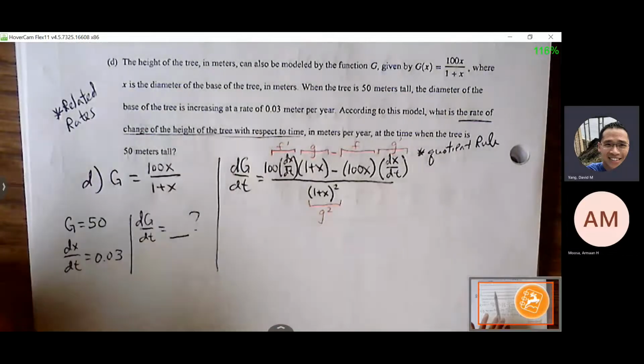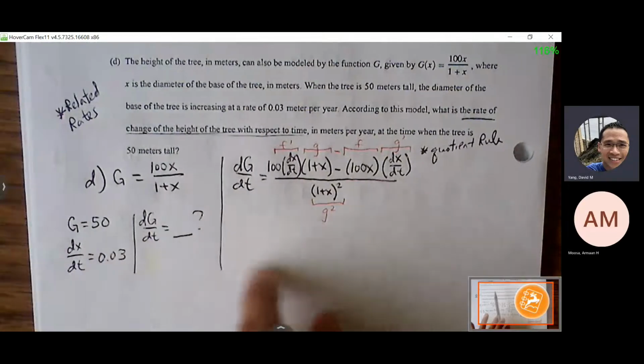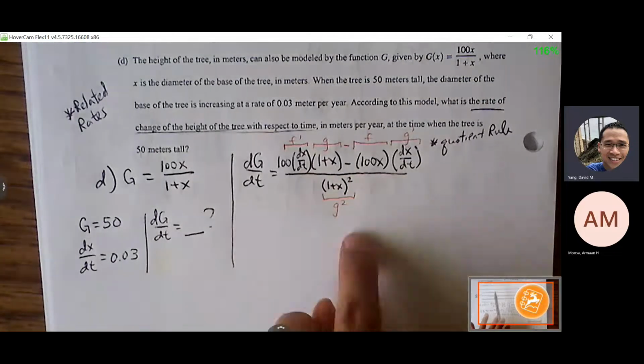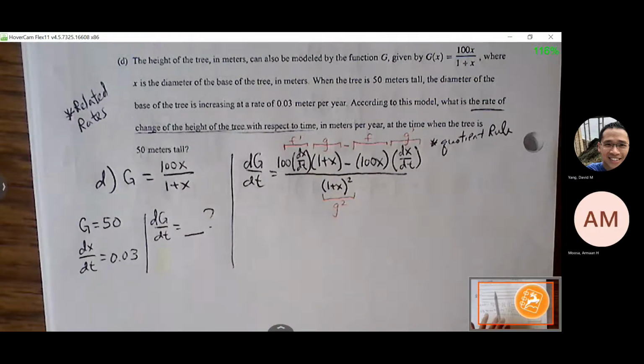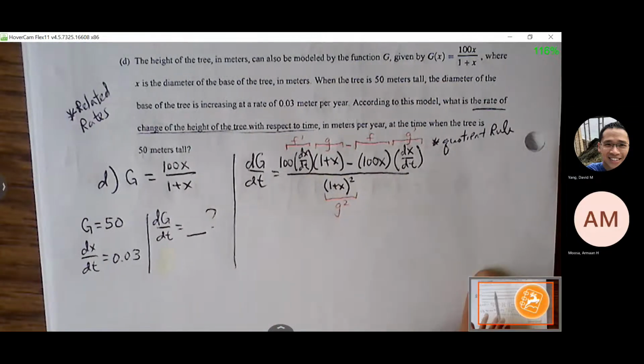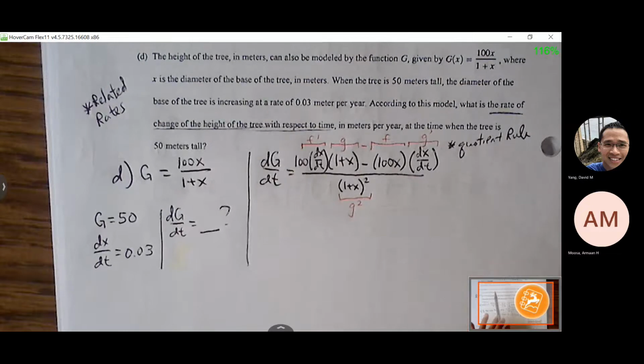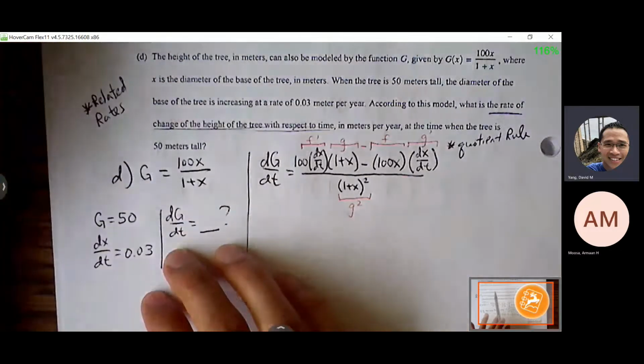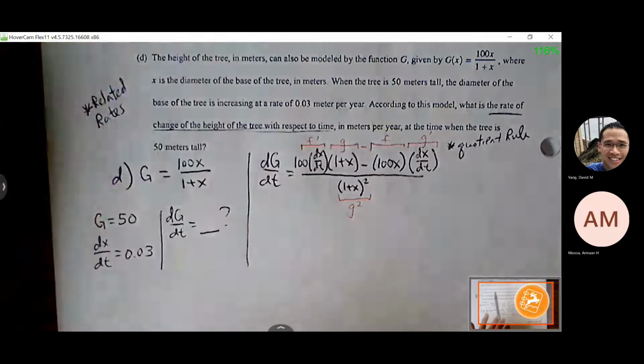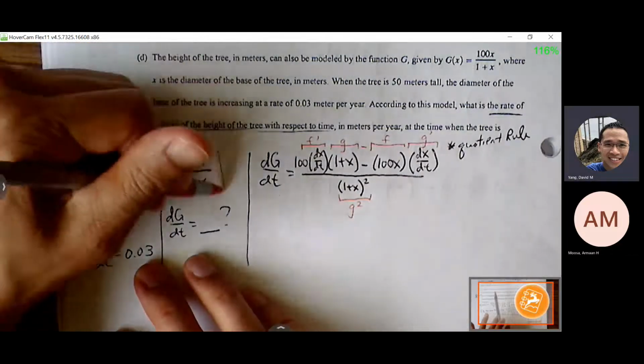Is there any way to solve for x before I start using this formula? So, any idea? How about this equation?